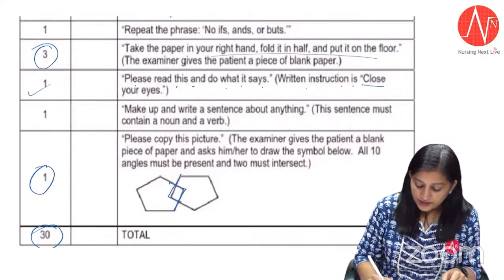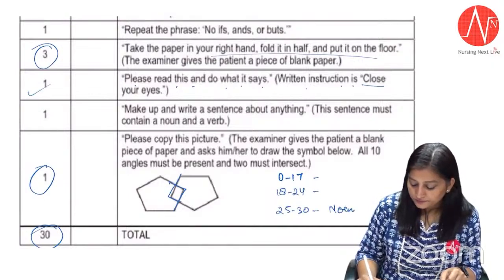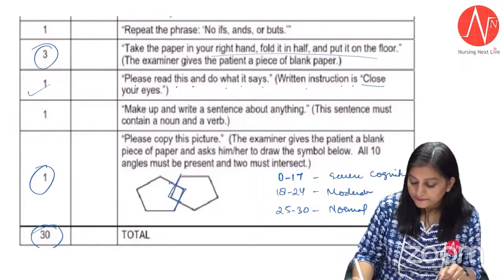The range is 0 to 17, 18 to 24, and 25 to 30. It shows normal, moderate, and severe cognitive decline.